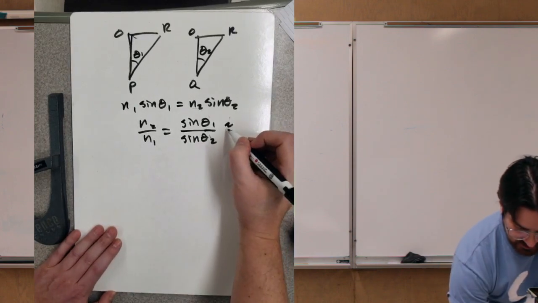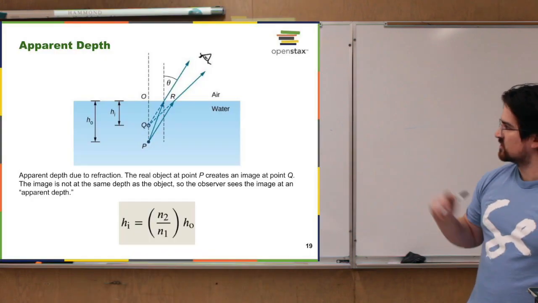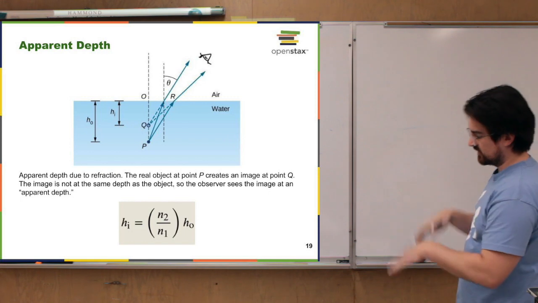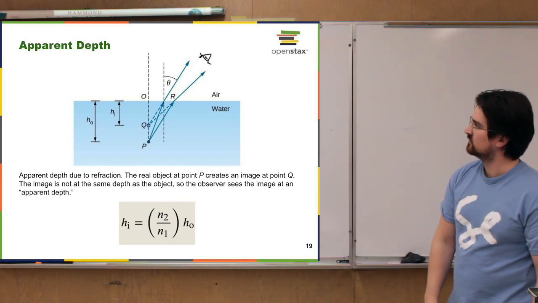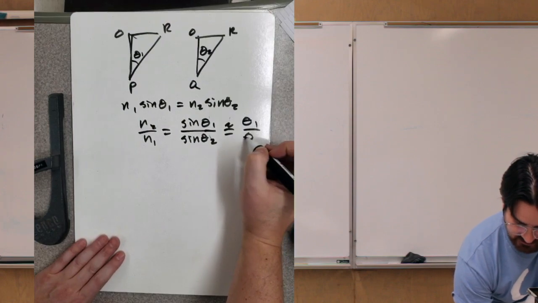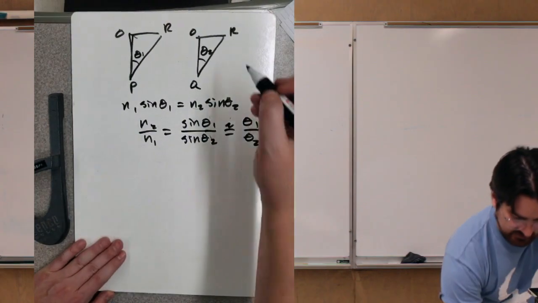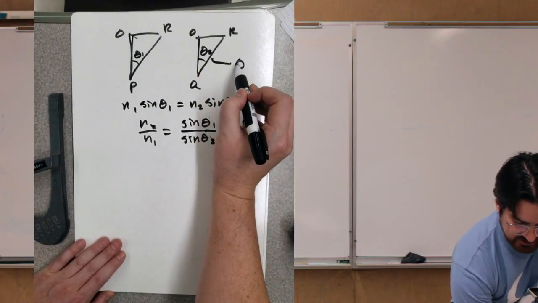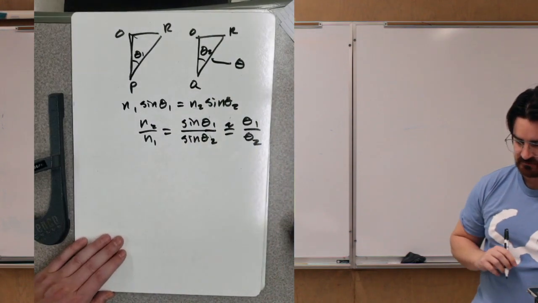Now we're going to say these are relatively small angles that we're looking down into, which means that sine of theta is essentially equal to theta.